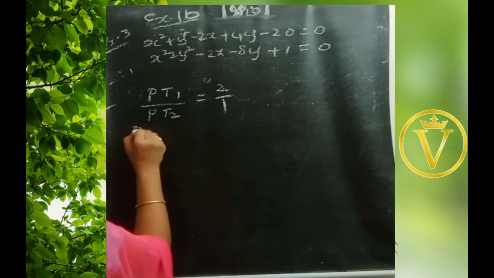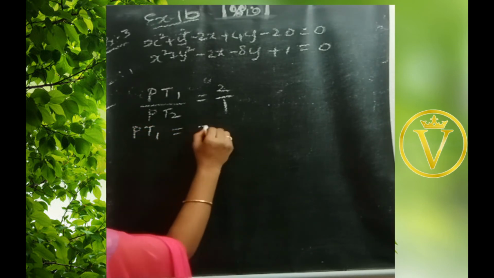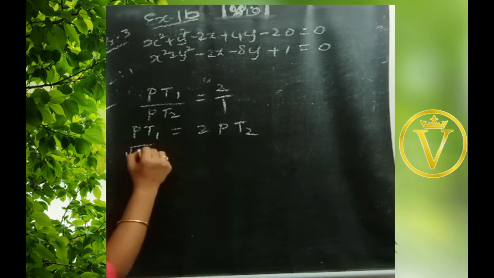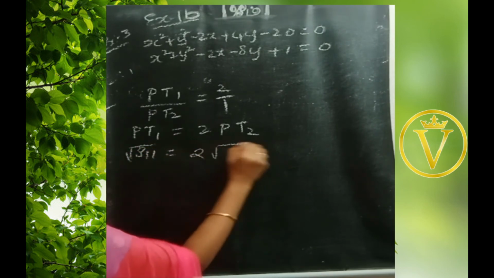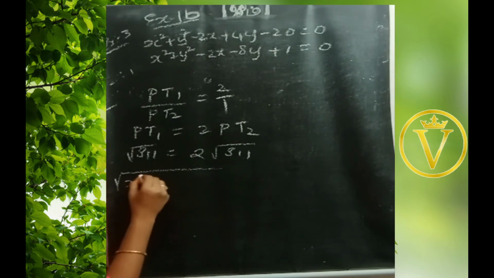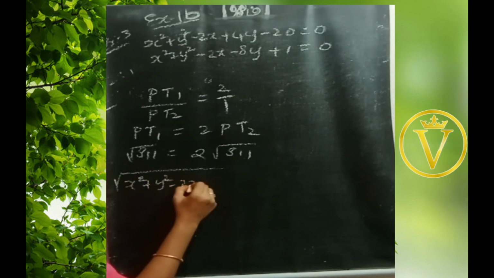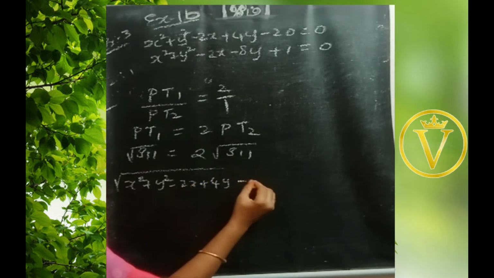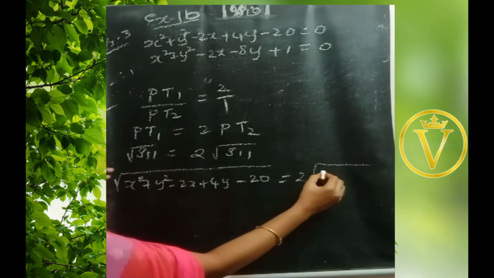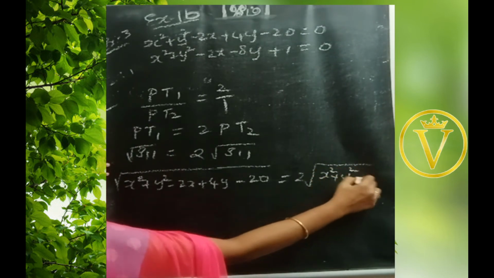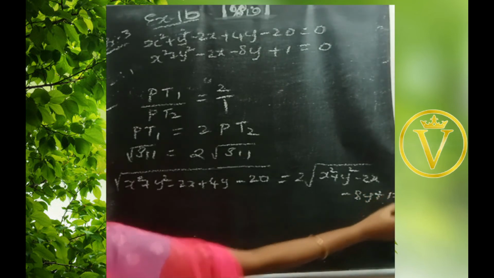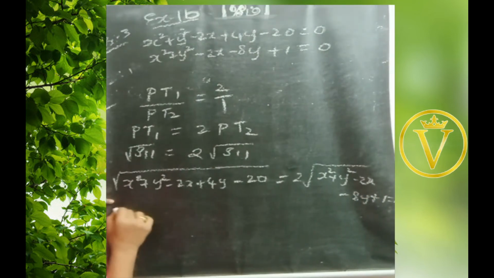So PT1 by PT2 equals 2 by 1. Okay, now cross multiplication. The length of the tangent formula is root of S11, so PT1 equals 2 into root of S11. Our first circle is x square plus y square plus 4y, and they have already given the second circle equation.